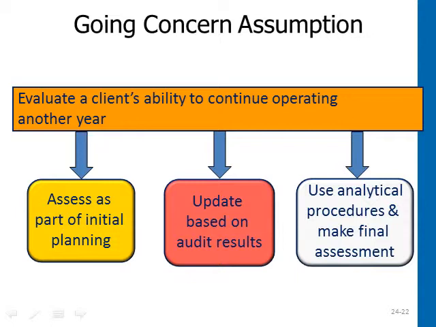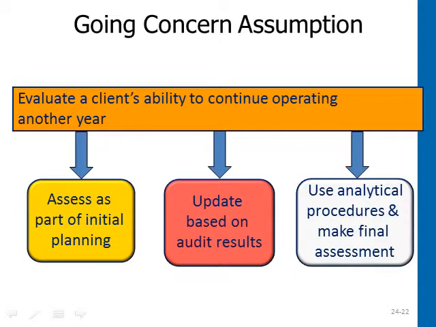And so with respect to this idea of going concern assumptions, a final assessment of the entity's going concern status is desirable after all evidence has been accumulated and proposed audit adjustments have been incorporated into the financial statements. And so we assess it as part of our initial planning, we update it based on our audit results, and then we use analytical procedures and make a final assessment.